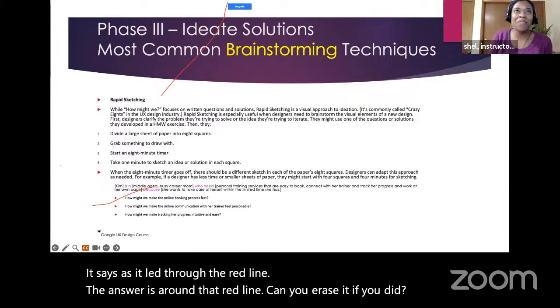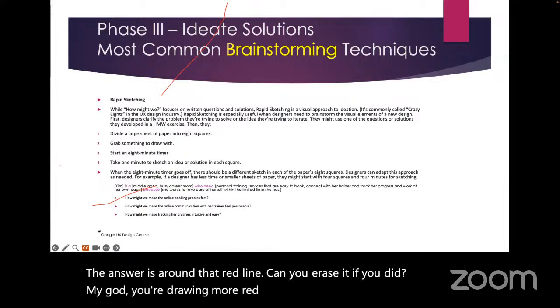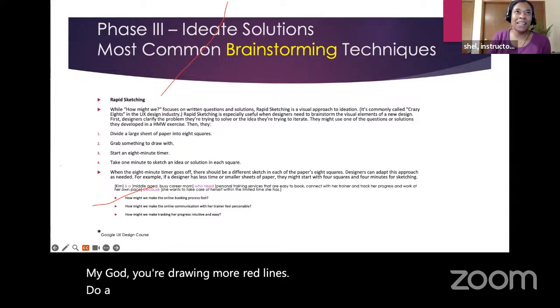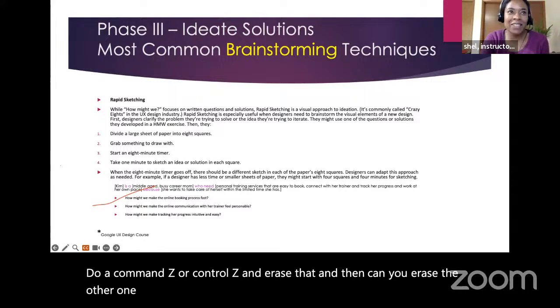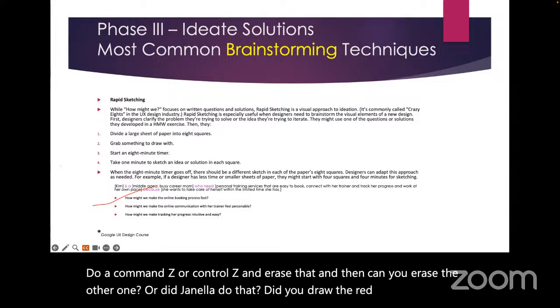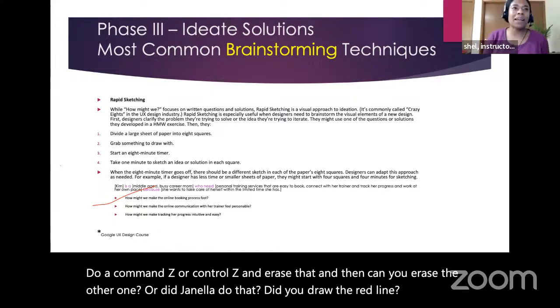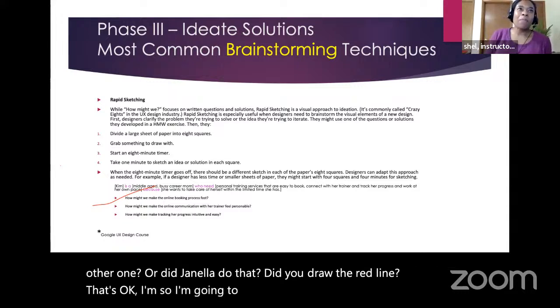Oh my God, you're drawing more red lines. Do a Command Z or Control Z and erase that. Or did Janella do that? Did you draw the red line? No, I did not. I've been trying to help her get it off, but every time I try to get it off, I draw another one. It's because I'm on my phone and I don't know how to. That's okay. I'm going to stop and come back.